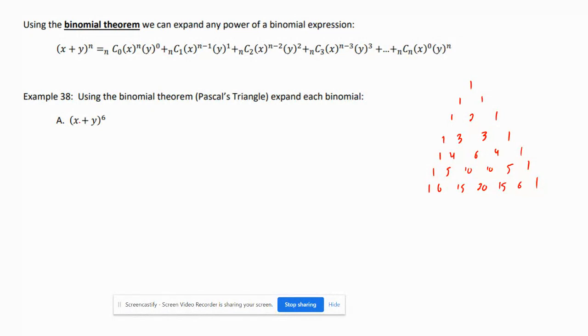So we're doing x plus y to the sixth. This is really 6 choose 0, 6 choose 1, 6 choose 2, 6 choose 3, 6 choose 4, 6 choose 5, and then 6 choose 6. I forgot all about 6 choose 1 at first, but it goes 6 choose 0, 6 choose 1, all the way up to 6 choose 6.